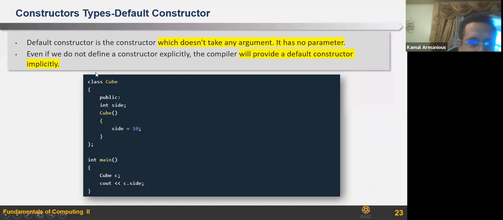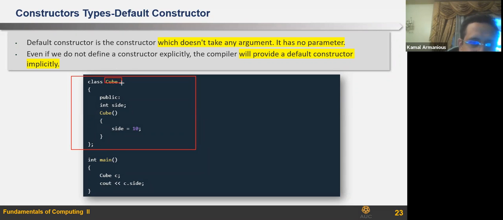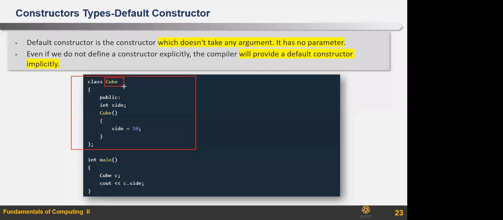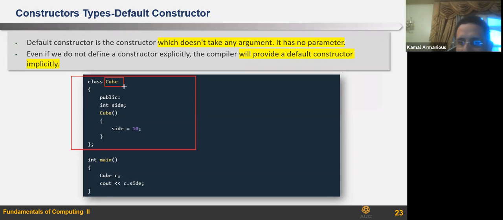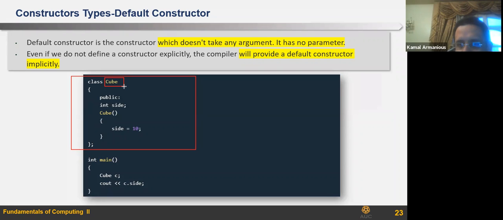So, what is the name of this class, Amira? Cube. And it has only one function, which is really a constructor. And what's its name? Where is the constructor of the class?